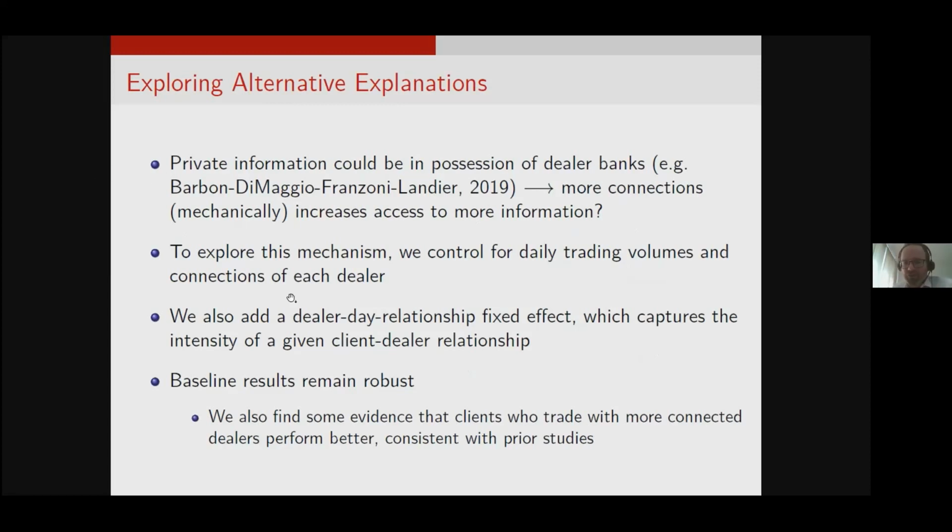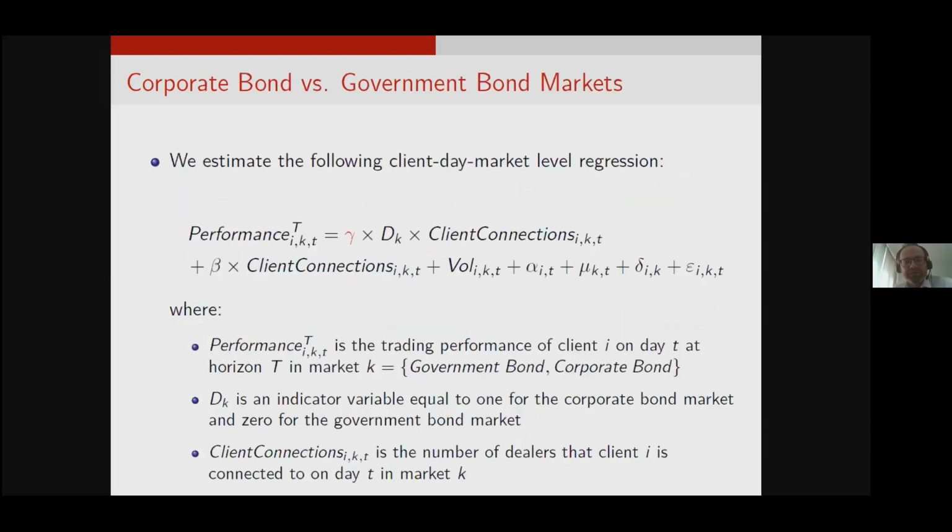We try to control for dealer-day fixed effects and also dealer-day-relationship fixed effects, trying to control for the story that perhaps dealers are passing on information to those clients that they have the strongest relationship with. Over and above, we find that our results are there after these controls.